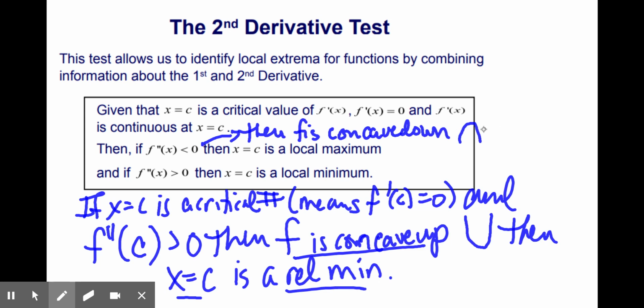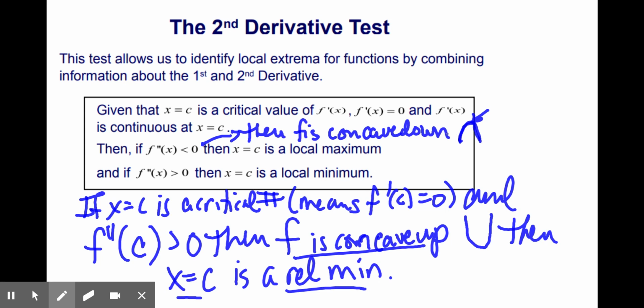So what does that mean? Then x equals c, the critical number, has to be a local max. There it is. You can literally see it. If the second derivative is less than 0, then f is concave down. Concave down looks like this. So that point at x equals c, that critical number, has to be a local max.